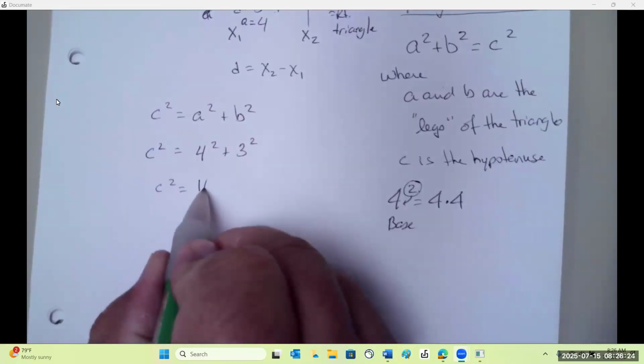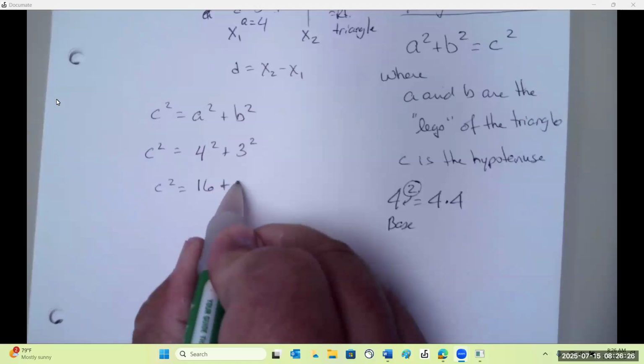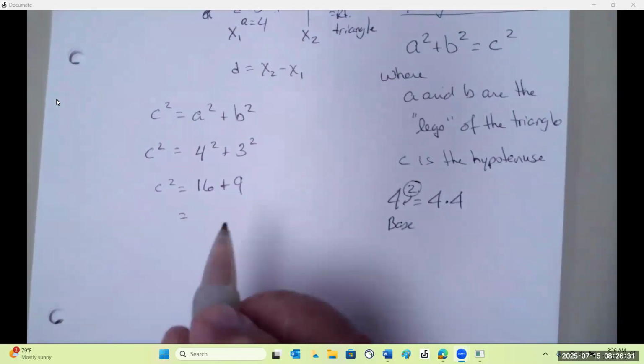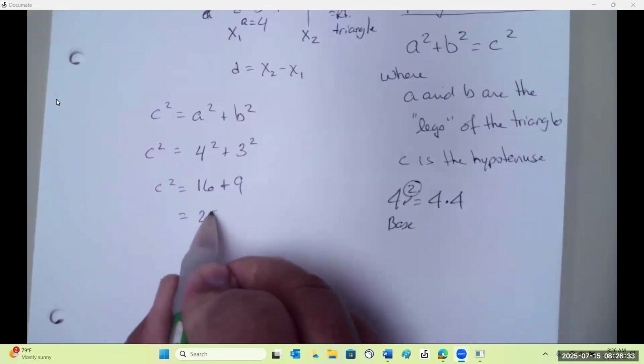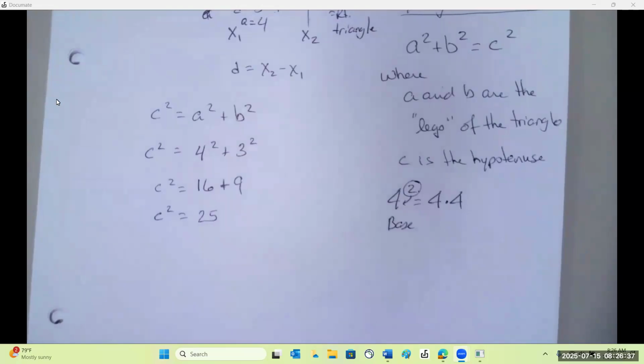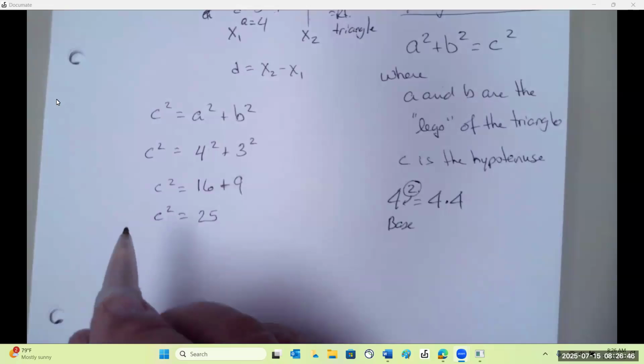So this is 16. 3 squared is 3 times 3, which is 9. 16 plus 9 is 25, c squared. What number times itself equals 25? 5. Okay, now we know that.